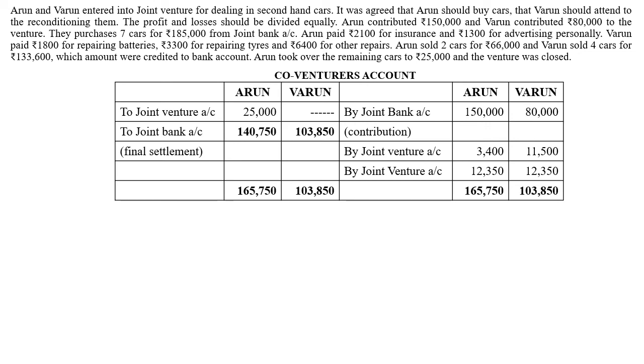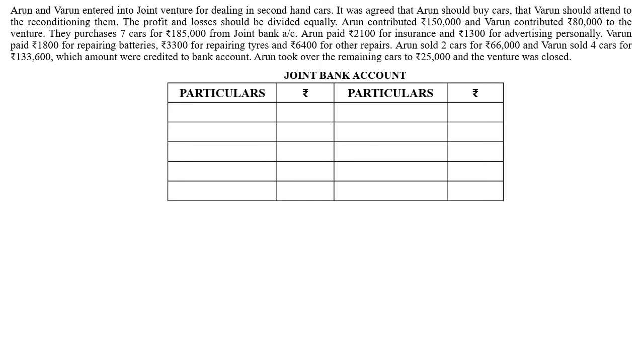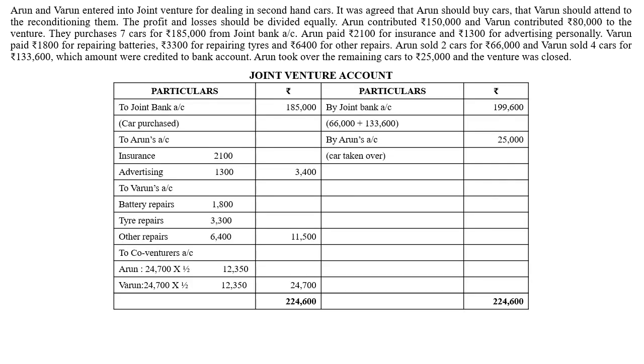So if you're done with joint venture, then we'll move to the next and last ledger account, that is joint bank account. Okay, first, see here, you have to see only the joint bank entry.